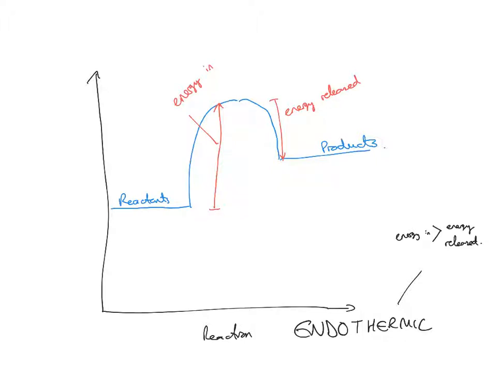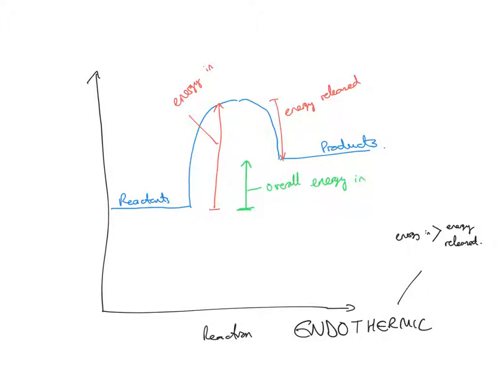So overall I have this, and that's the energy taken in. More energy is taken in than is released, so this is an endothermic reaction, and overall the energy change is shown here in green.